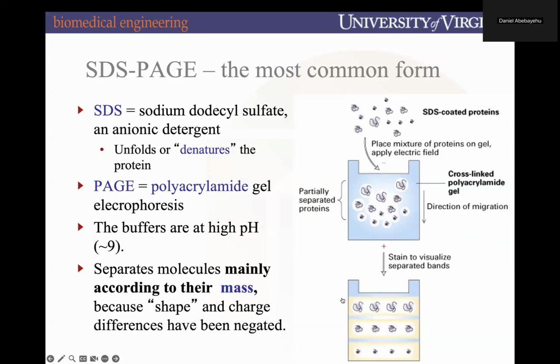And so SDS ensures that all the proteins in some sample, whether it's a blood sample, for example, or something from a cell culture in a petri dish, every protein possesses the same negative charge per amino acid. And so that negative charge allows it to run with the flow of current when you're running electrophoresis. You're trying to move across an electric field here. So the negative charge helps it run with the flow of current.